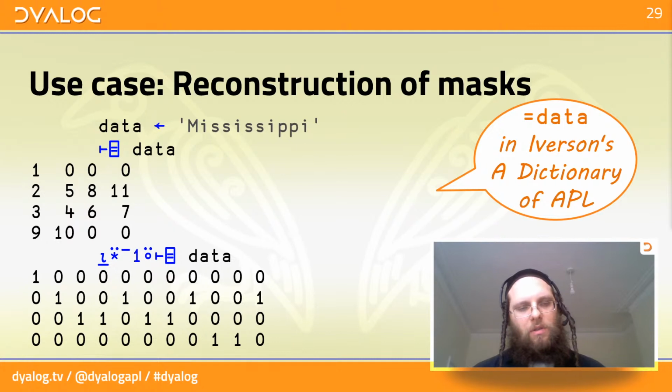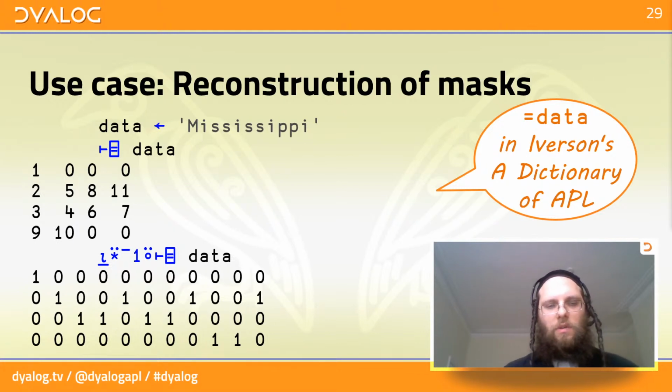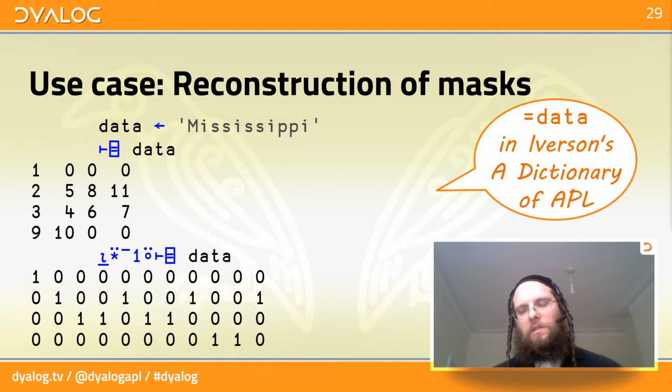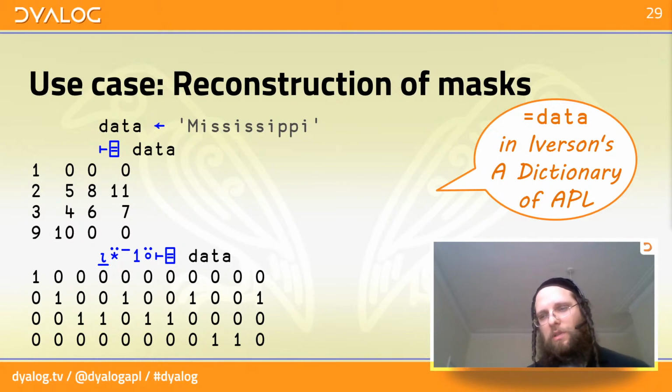You can compare various arrays and see whether they have the same kind of signature, the same kind of distribution, as well.